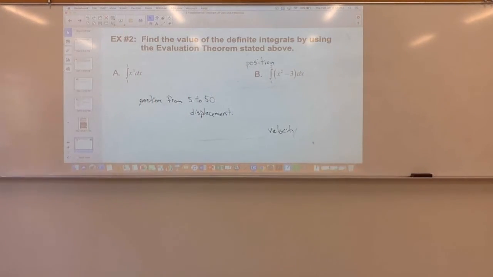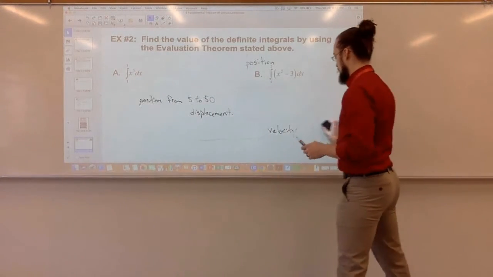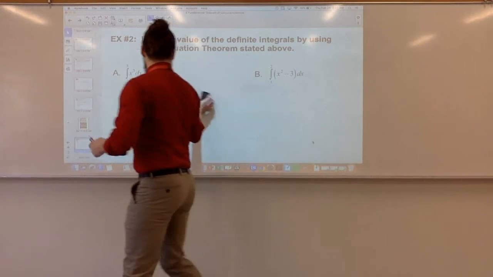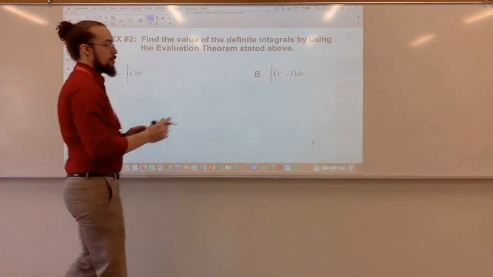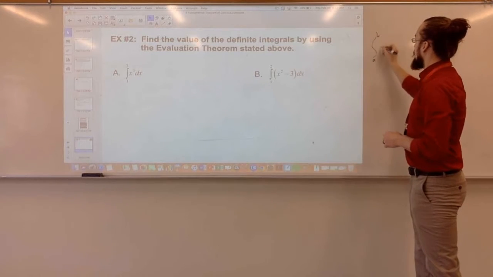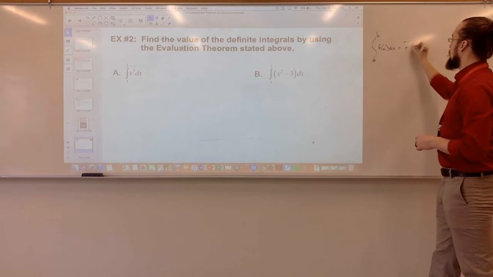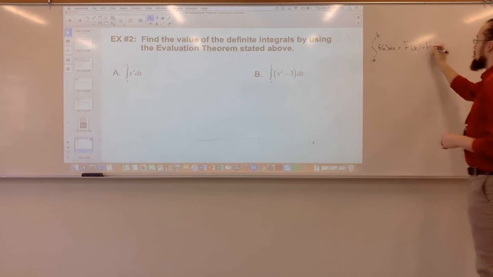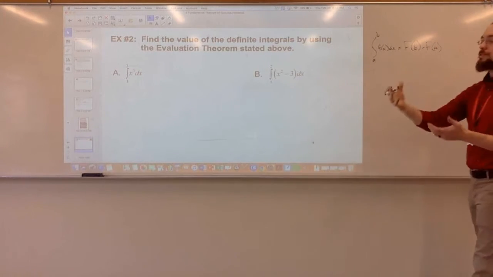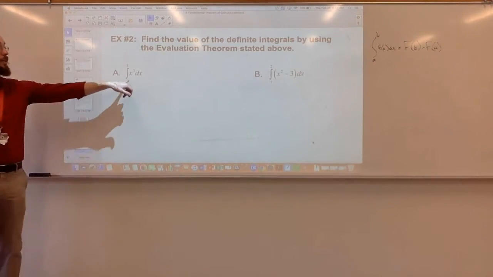For now, let's use the fundamental theorem of calculus. So our fundamental theorem of calculus was this, right? The integral from a to b of f of x dx is equal to F of b minus F of a. So let's use that here to solve some of these integrals, right?